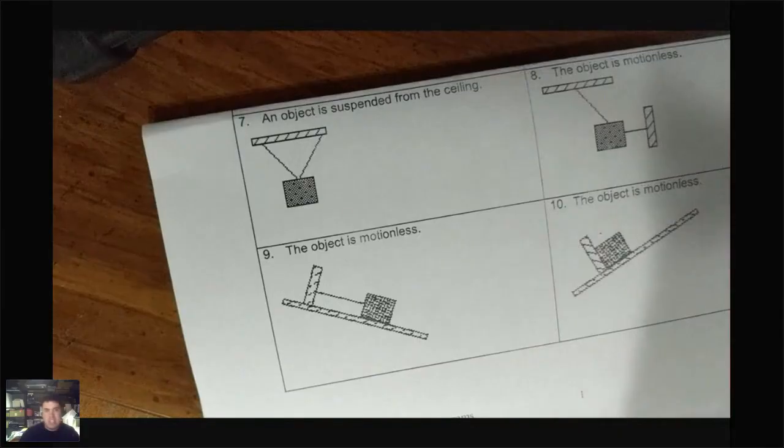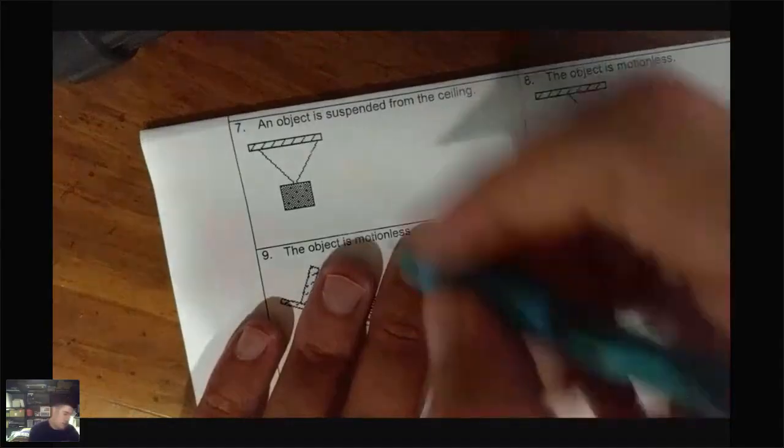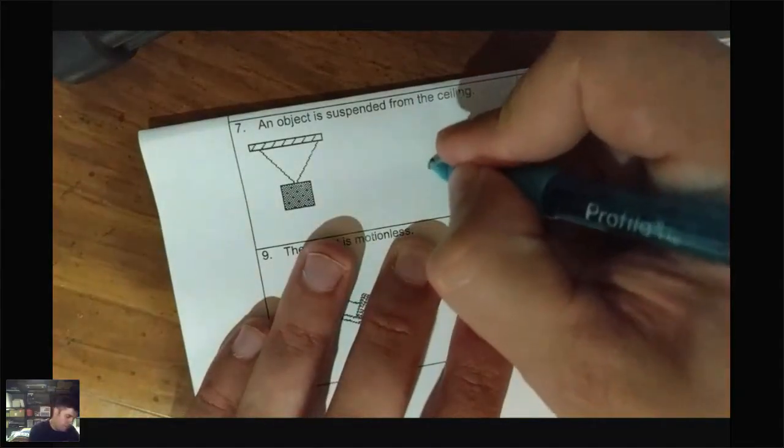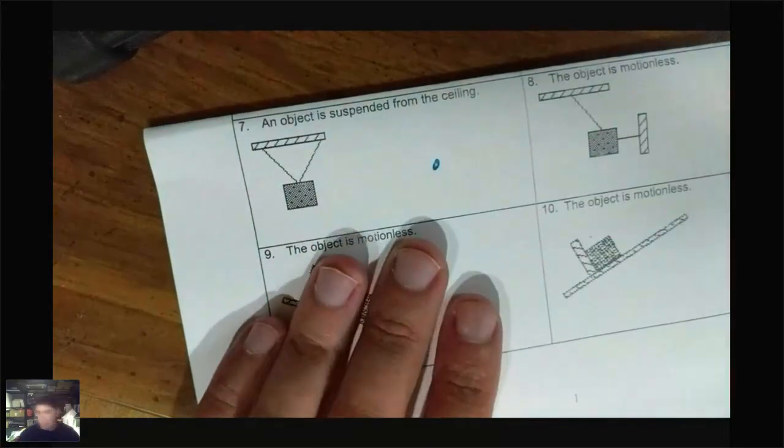Number 7 says we have an object suspended from a ceiling by, I'm guessing, 2 ropes or 2 cables or 2 something like that. What would a free body diagram for this thing look like? And I'm going to draw off to the side here because I got space. So there's my object.